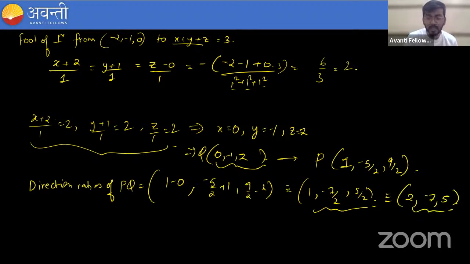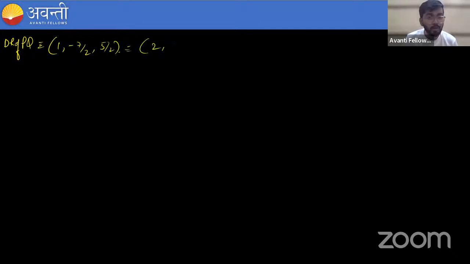So this is the direction ratios of the line PQ, which we are supposed to answer, right? So the direction ratios of PQ is 1, -7/2, 5/2, equivalent to 2, -7, 5.